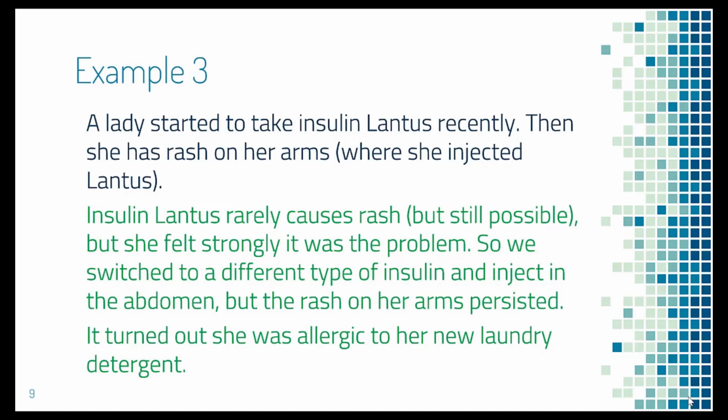We switched to a different type of insulin and injected in her abdomen, but the rash on the arms persisted. So Lantus should not be the problem here. Then she remembered that her laundry detergent was something new, so she stopped it, and it turned out that she was allergic to her new laundry detergent.